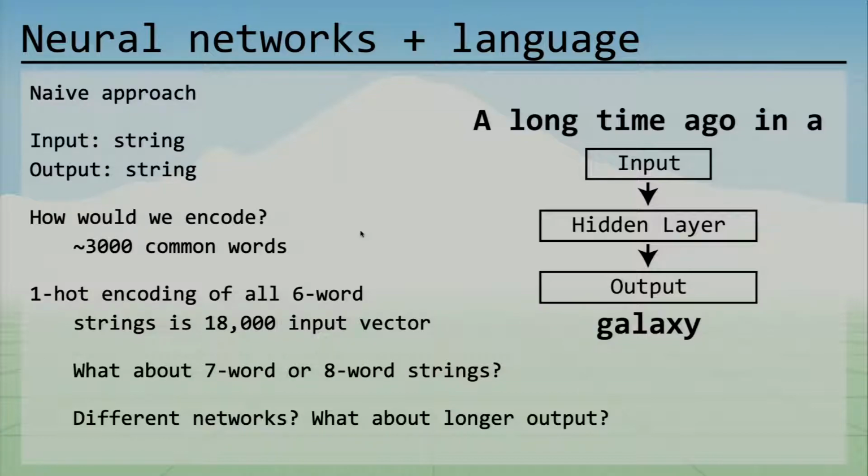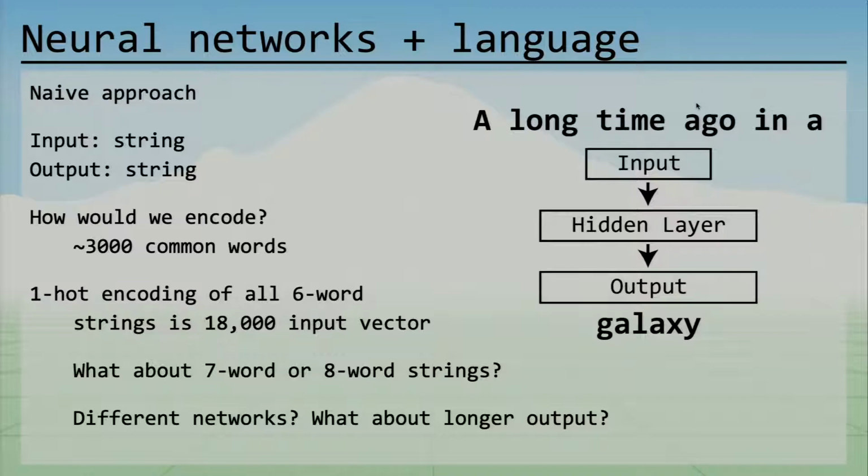If we took this approach, the problem that we run into pretty quickly is that we have this huge expansion in terms of vocabulary, right? So even if we only focused on a couple thousand common words, if we wanted our input to be some string of words instead of just a single word, so for example, if you thought about doing an encoding of all 6-word strings, all of a sudden you have this huge input vector, and that's just looking 6 words back in our input space.